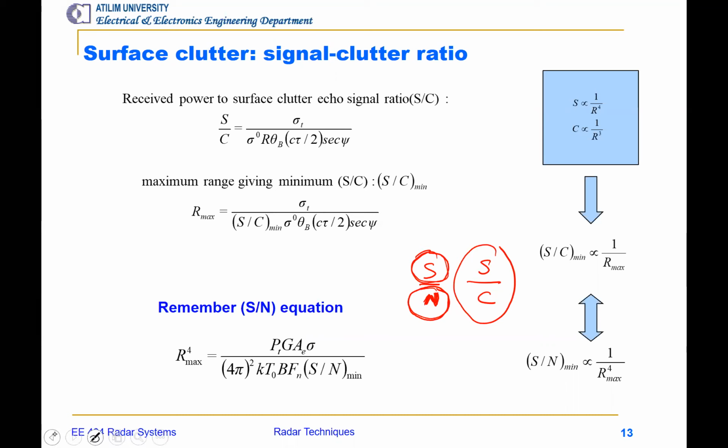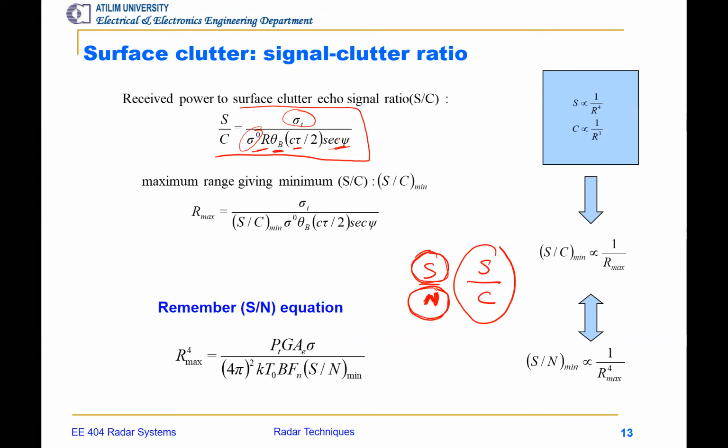So from the previous two equations, we can write signal power to surface clutter power ratio in terms of the reflectivity of the surface, the radar cross section of the target, as well as the range, beam width, pulse width, and the angle.